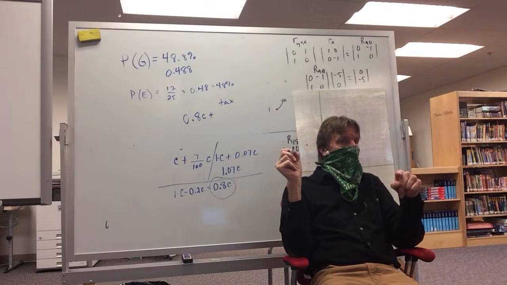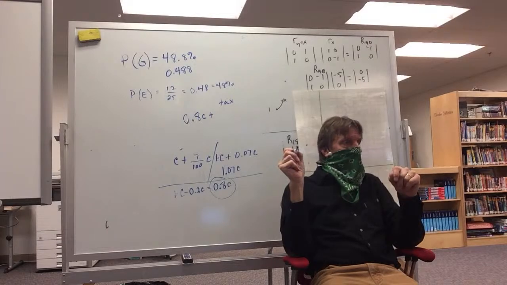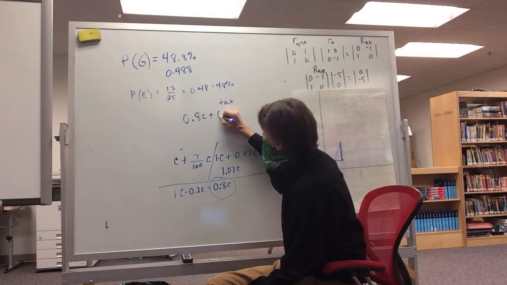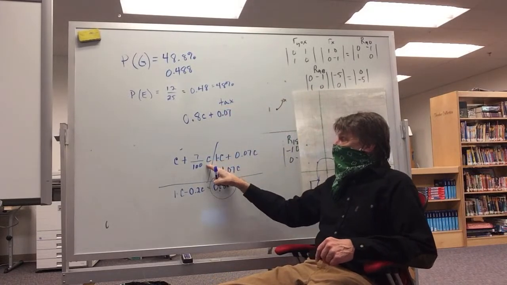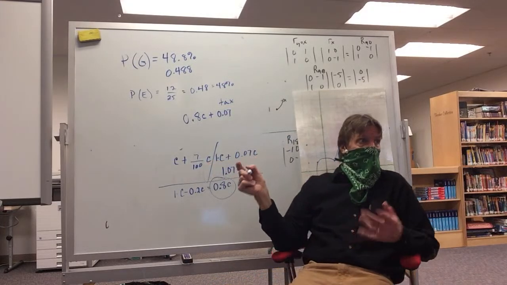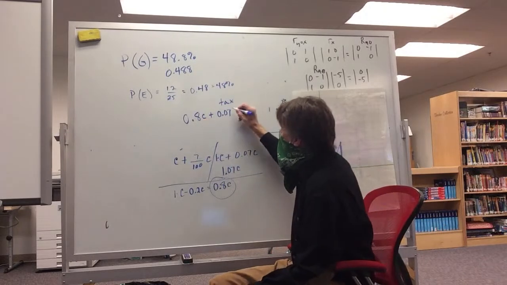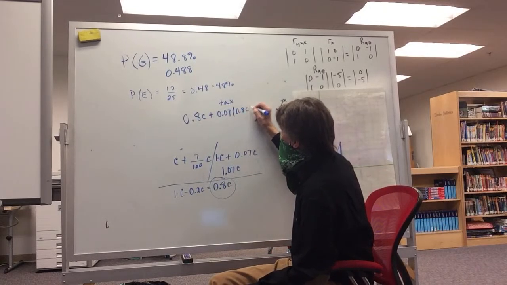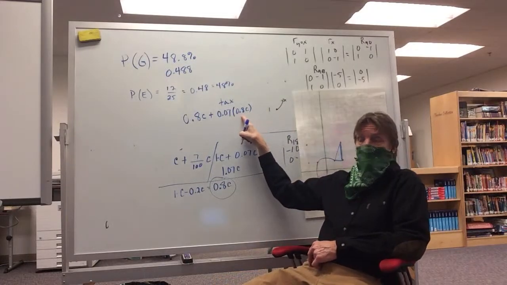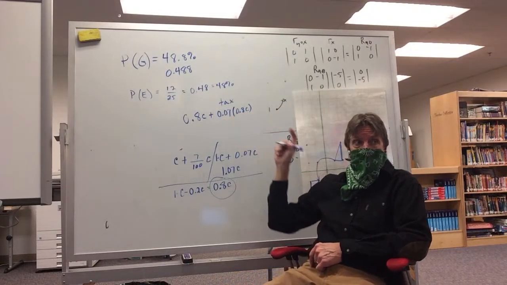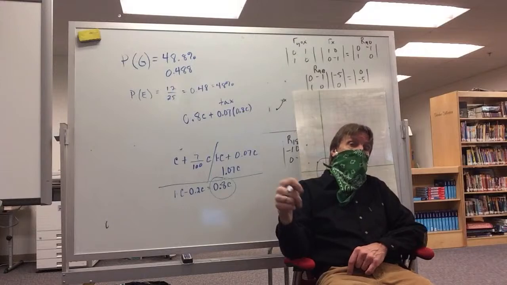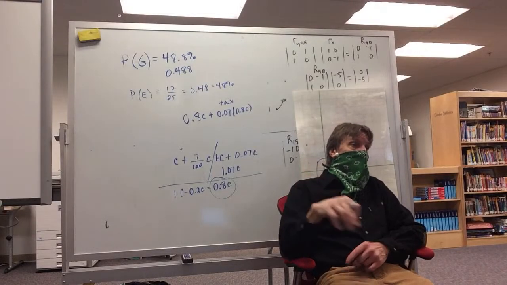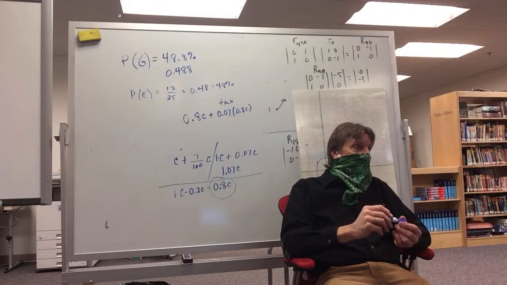What is the percent tax? 7% tax, so it would be 0.07, but not of the whole cost because you're getting a discount. So it's going to be of this cost right here, 0.8. That's the 80% that you have to pay. That's the tax on that amount. The point behind that portion of the problem is that when you have a discount, you're paying less tax, because the tax is on the selling price. It shouldn't be on the original price.